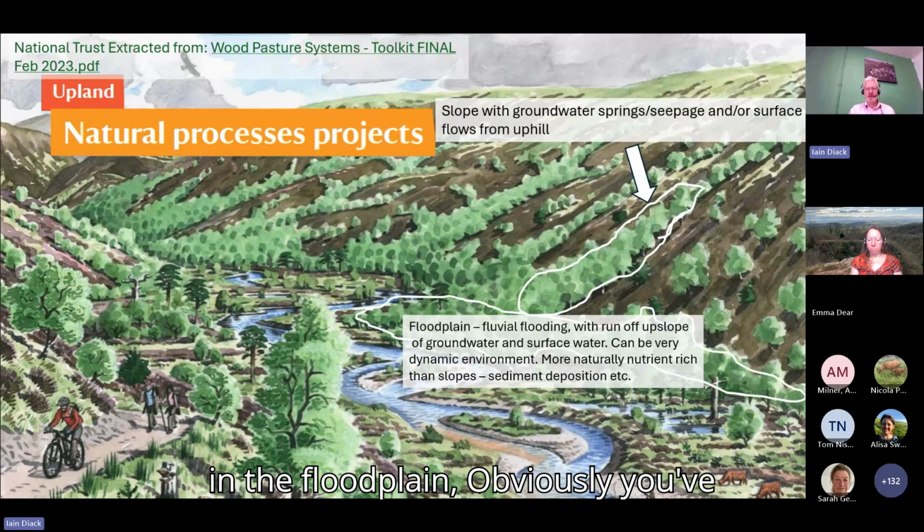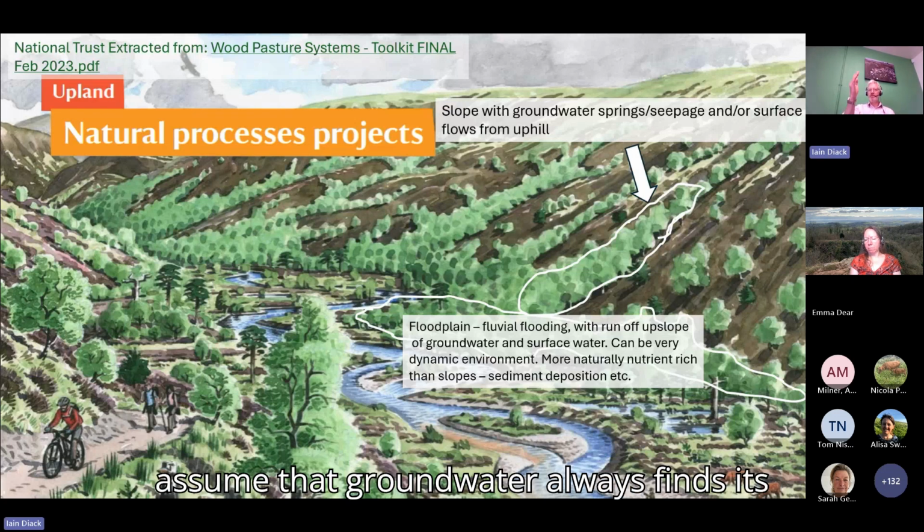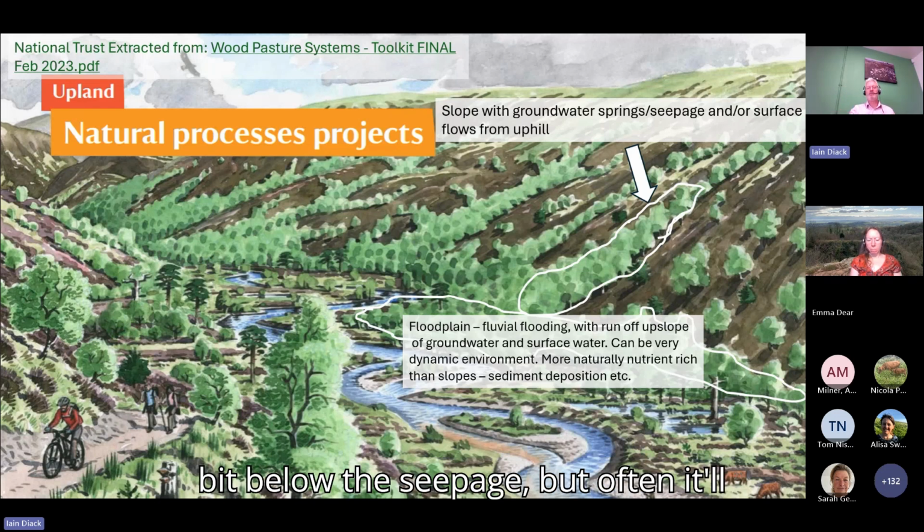Down in the floodplain, obviously you've got all the runoff coming off the slope, as well as any accumulated groundwater that's been generated on the slope. And it's not always safe to assume that groundwater always finds its way down, because it may infiltrate again in a more permeable bit below the seepage, but often it'll run all the way down.